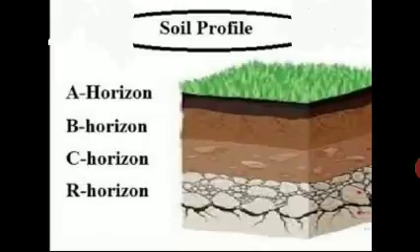The seventh physical property is depth of soil. Sufficient depth of soil for the storage of irrigation water and penetration of roots is essential. Shallow soils require frequent irrigation for optimum growth of crops.